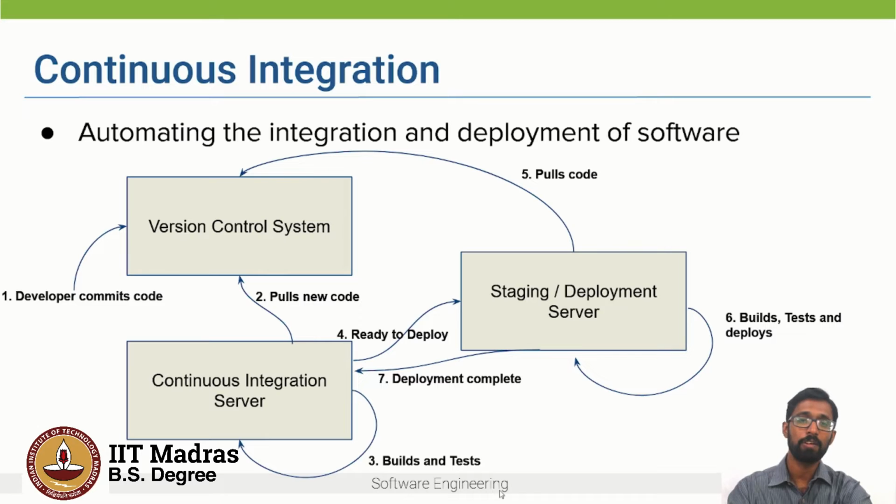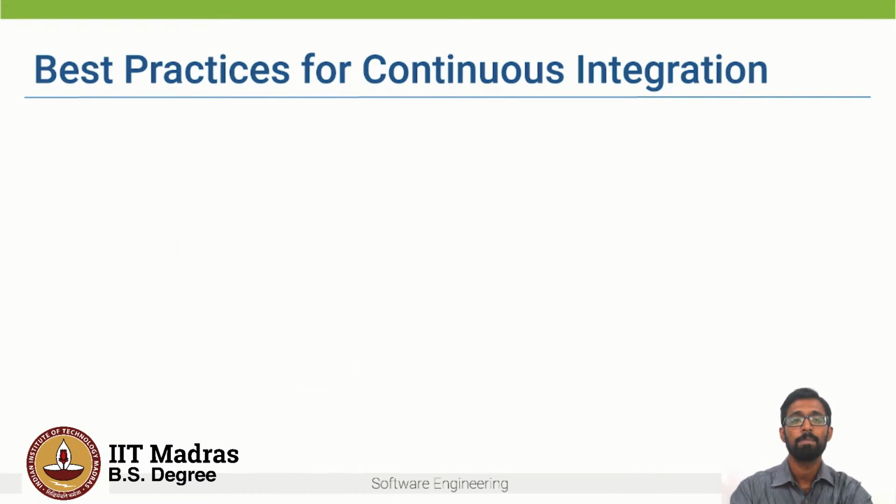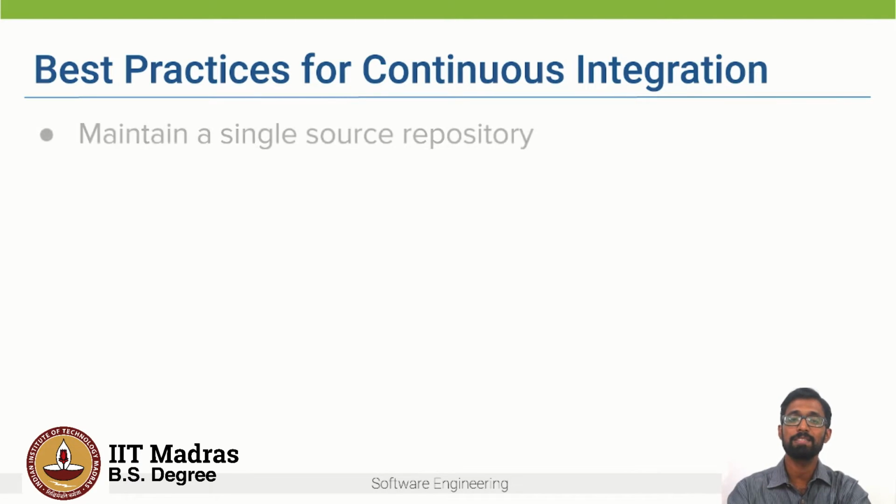So now that we have seen what the continuous integration process is, there are some best practices which we can use so that the CI or the continuous integration process is carried out efficiently and smoothly. So let's look at these best practices. The first thing is that it is essential that you maintain a single source repository.